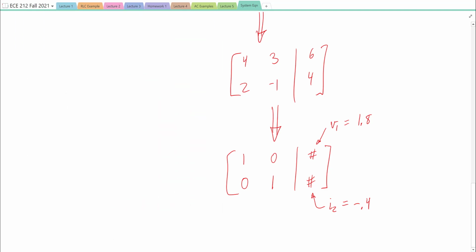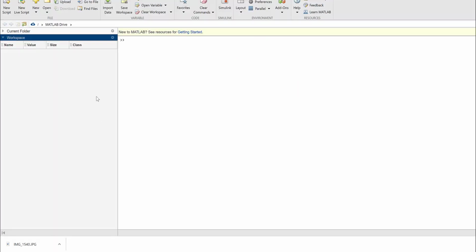Okay, so the third thing I'm going to show you is doing the same thing in MATLAB. I don't know if you all know this, but you all through Boise State have a MATLAB online account. You can go online to MathWorks and log in with your Boise State email and set yourself up an account.